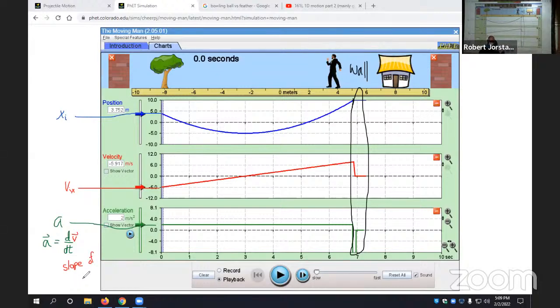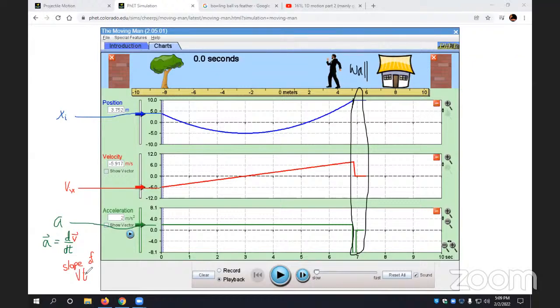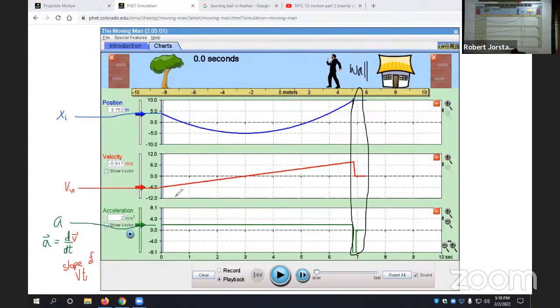If I'm taking the derivative of velocity, I need the slope of velocity. So that means I should use which plot? AT, acceleration versus time, XT, or VT? What's your gut say? Go with it. It's okay to be wrong. VT. So now let's check.